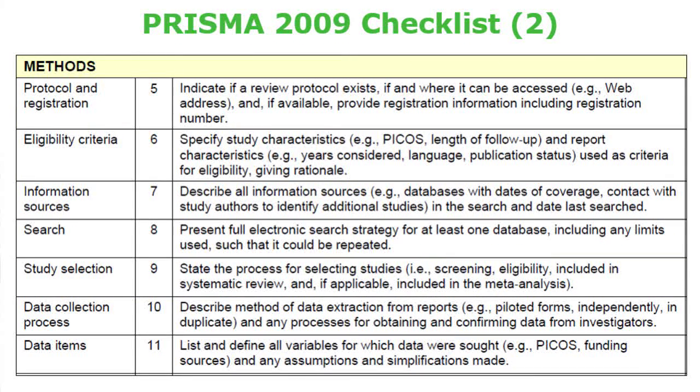In the next PowerPoint, again, you see the protocol that you've used for the search, that you've identified the eligibility criteria, you've identified in the context of the review the information sources, you've given the search strategy that you've used, the study selection, how you collected the data, and the data items.